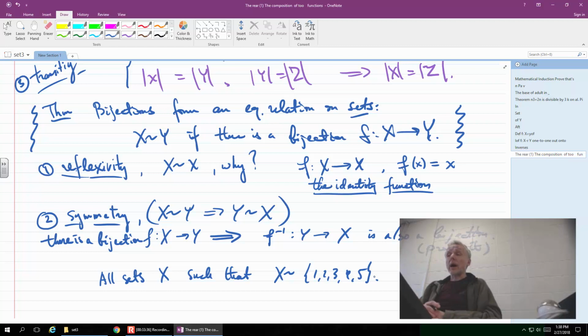So how do we make sense of the number of elements equal to 5? And this is the answer. We split all the sets that are available in the world, mathematical or otherwise, and as long as there is a bijection with a set from 1 to 5, then we say that it has 5 elements. And then what we do is from this infinitude of sets, we take with that property the only thing that they have in common.